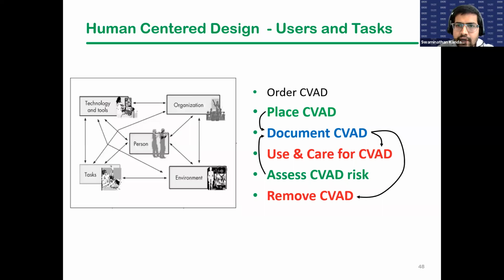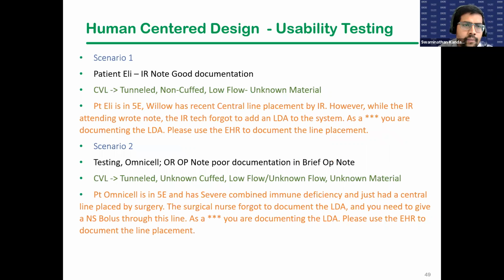What we did was we tried to get users to actually do documentation on realistic scenarios. We came up with certain scenarios where the line is to be documented by a nurse but was placed by an IR team who didn't document the actual properties.